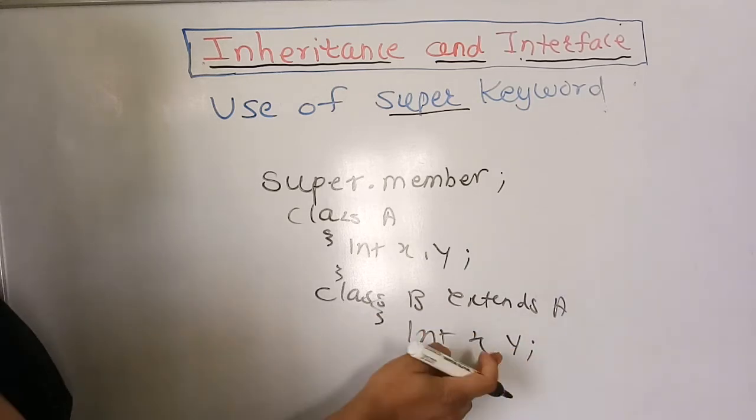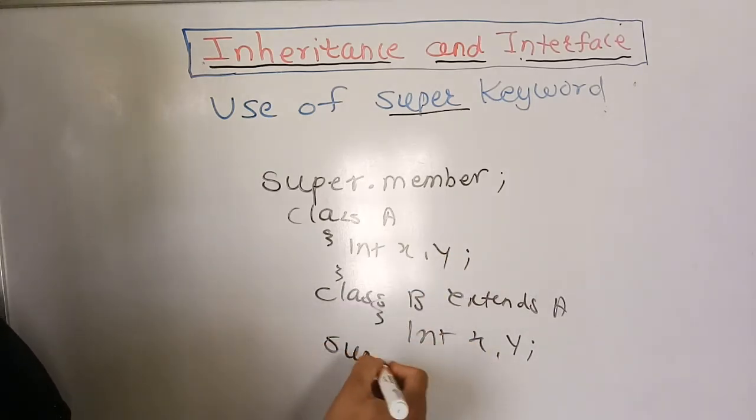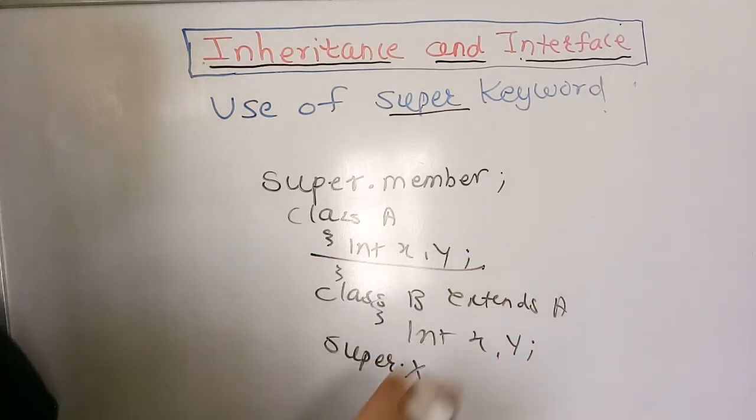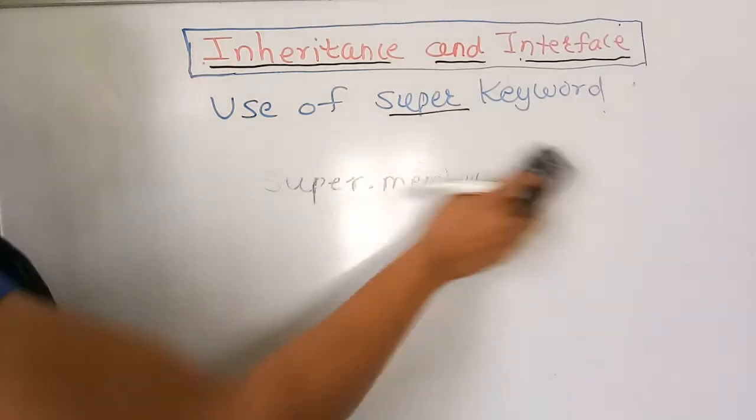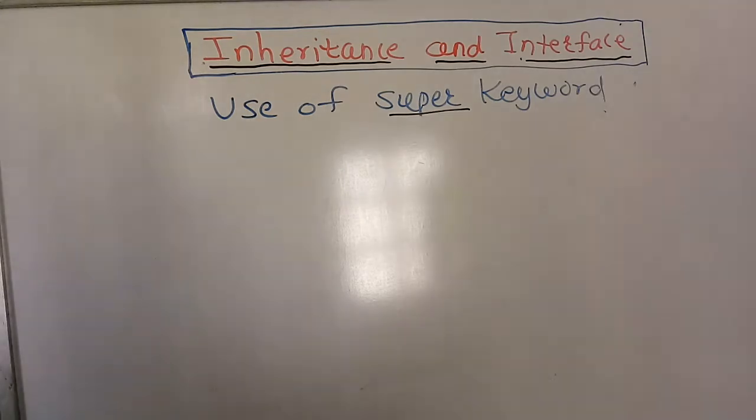So x and y belong to which class? To identify it, you write super.x. Super.x indicates the base class x and y, and simple x indicates the derived class x and y. So this is the mechanism behind the superclass concept.